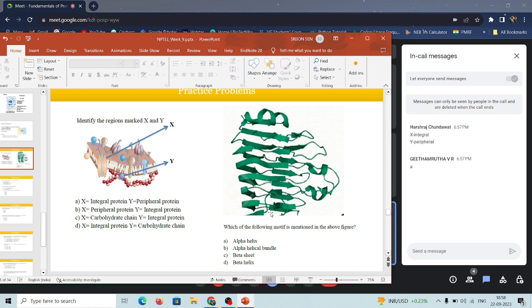What is it? So it's a beta sheet. Okay. Any other answer? Critically look into the picture, you can understand.